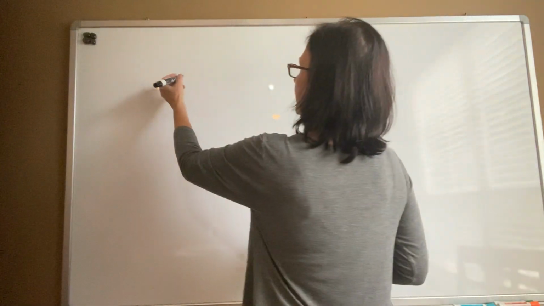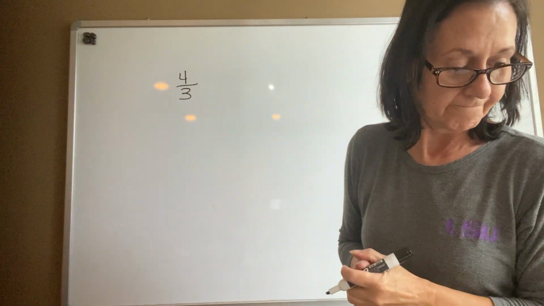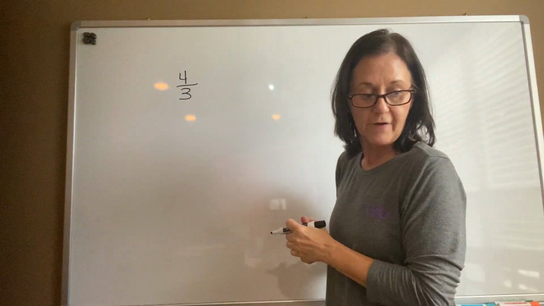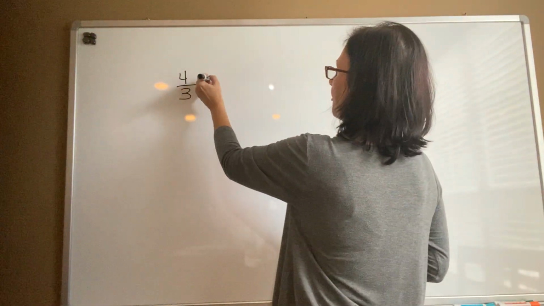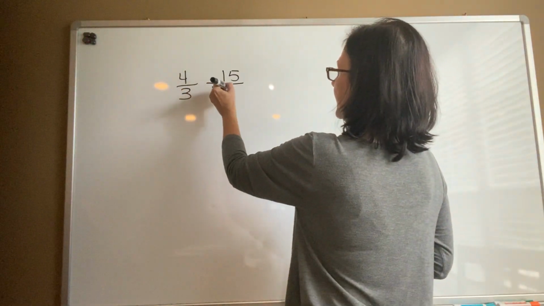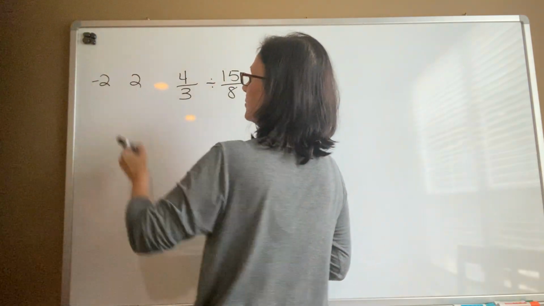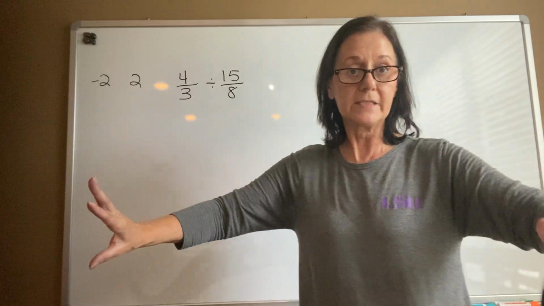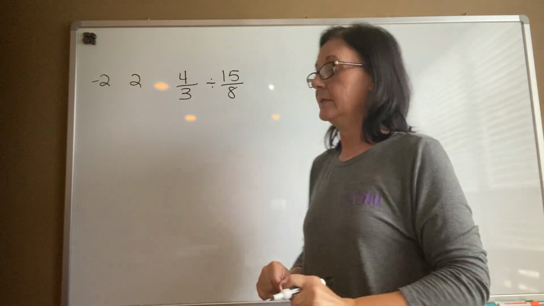All right, so 4/3 divided by, we'll just do the ones in the textbook. This is B, divided by 15/8. Okay, earlier I said -2 and 2. Those are opposites. Those are inverses. That's the inverse. They're opposite.